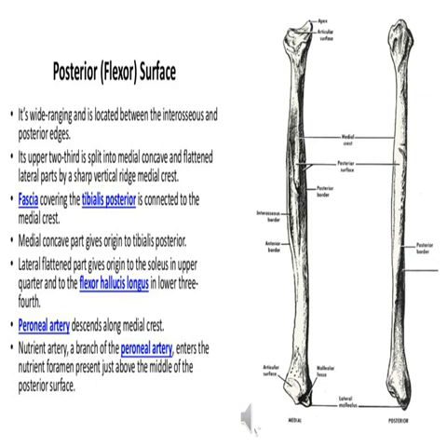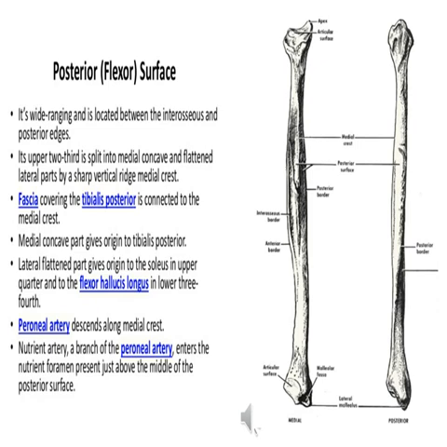The part of the posterior surface between this medial crest and the posterior border gives origin to the flexor muscles, that is the soleus and the flexor hallucis longus. The peroneal artery descends along this medial crest.